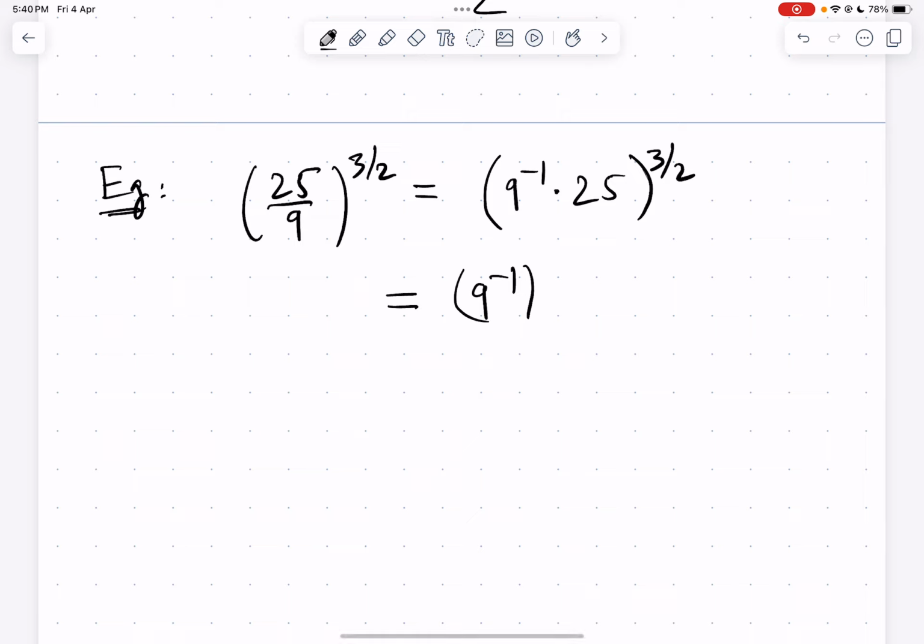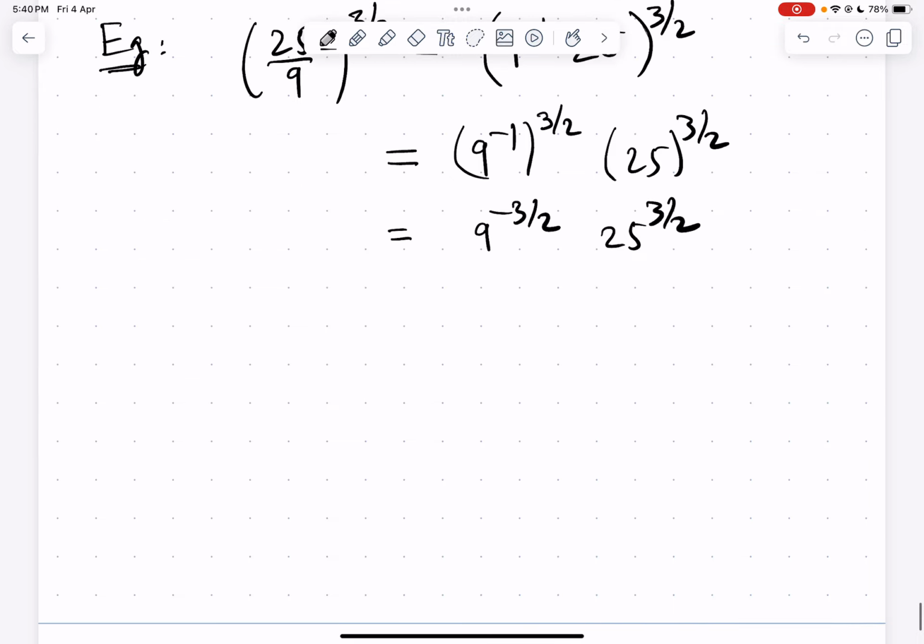So we can write 9 inverse power 3 by 2 times 25 power 3 by 2. See, 9 inverse power 3 by 2 is 9 power minus 3 by 2. So it is 9 power minus 3 by 2 and 25 power 3 by 2. Right? And 9 power minus 3 by 2 is 9 power 1 by 2 power minus 3. We can write it like this.